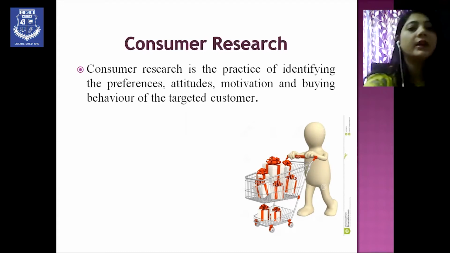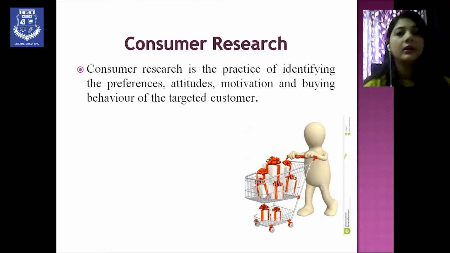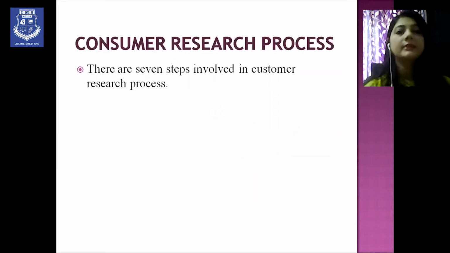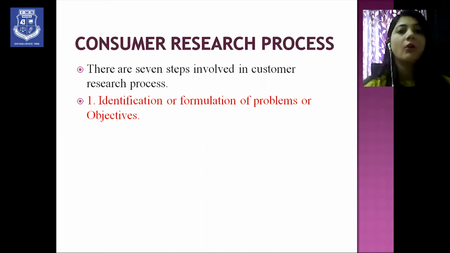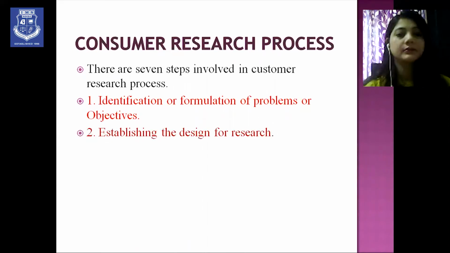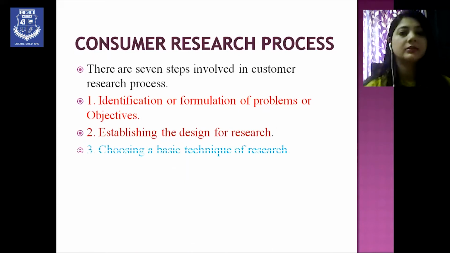Now, moving ahead, let me explain the various steps involved in consumer research. Basically, there are 7 steps involved in the consumer research process. First, identification or formulation of problem or objectives. Second, establishing the design for research.